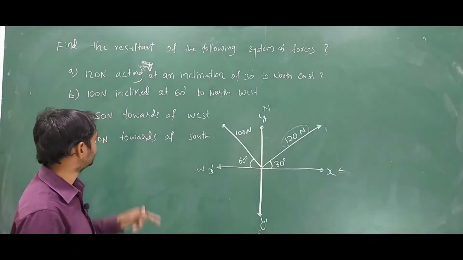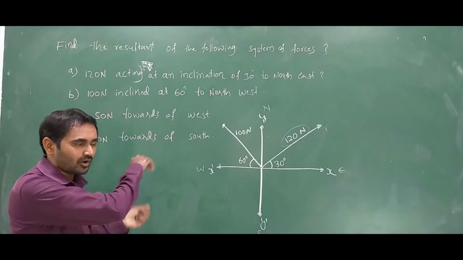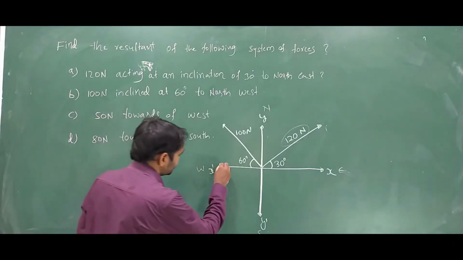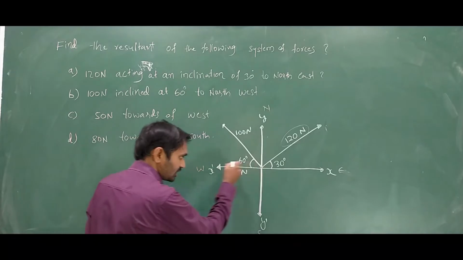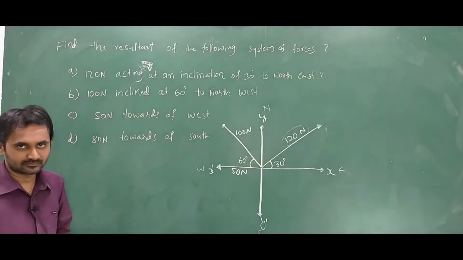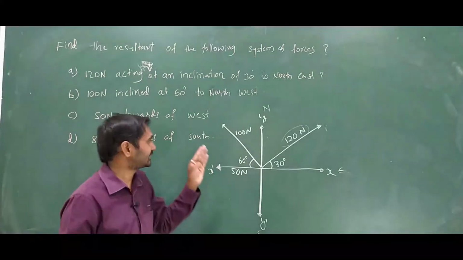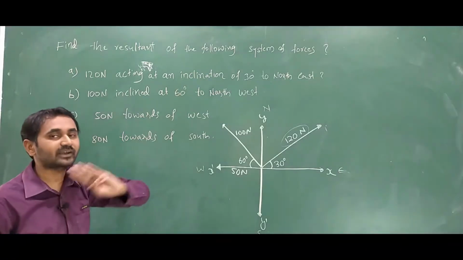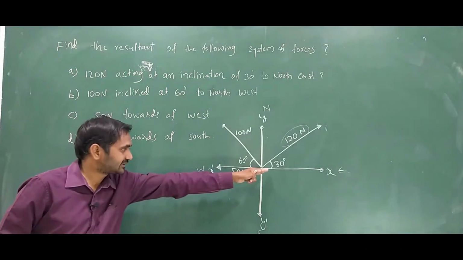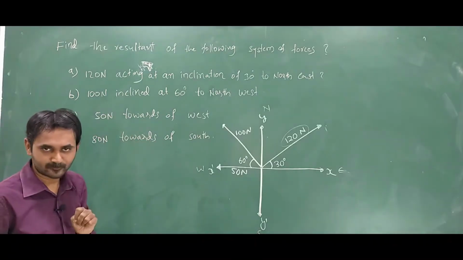So it is acting on the west, because it is not making any angle like the first and second coordinate. If it is making any angle, then your diagram will be like this, but it is not making any angle. So it is directly acting on the x dash, that is west.